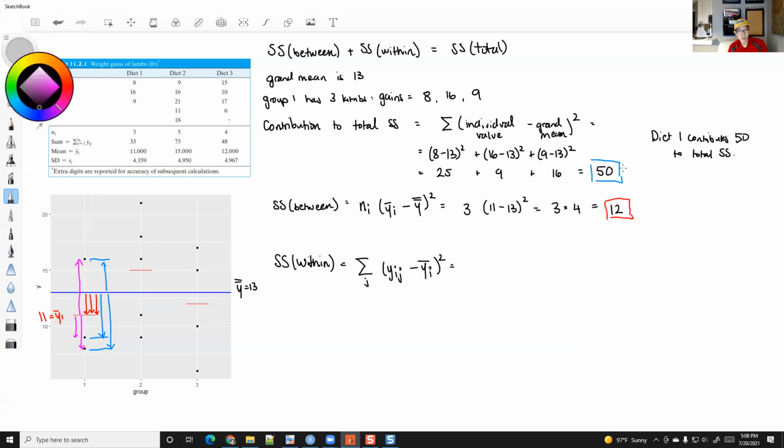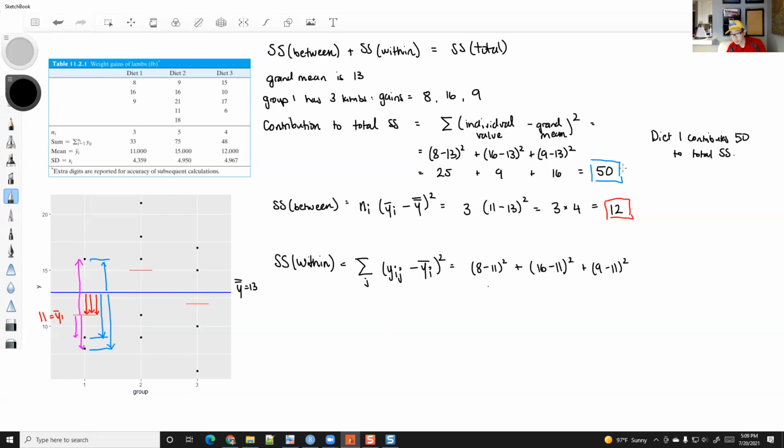The differences: this observation is 8 and its group average is 11, so the distance is 3. The next observation is 16, the group average is 11, so its difference is 5, and we square that. The last observation has a value of 9, the group average is 11, and we square that difference.